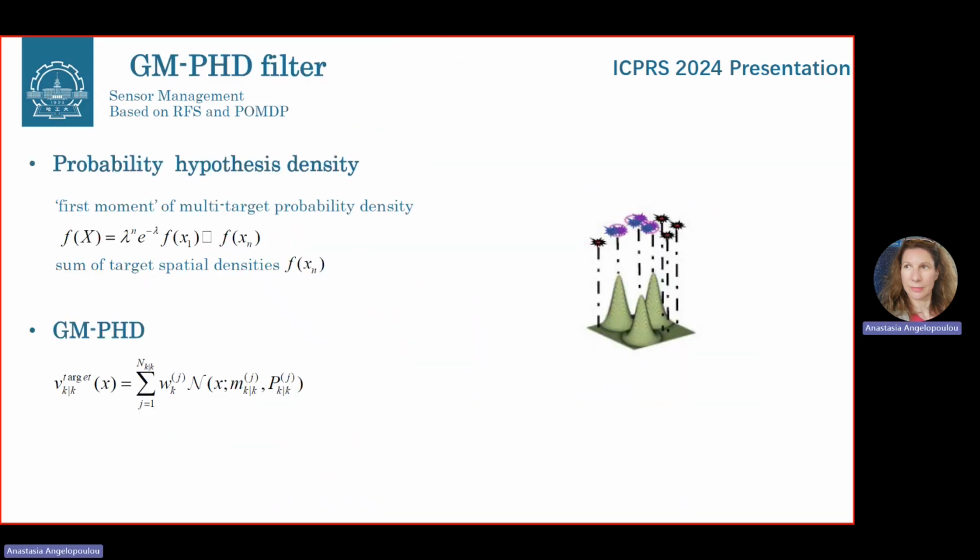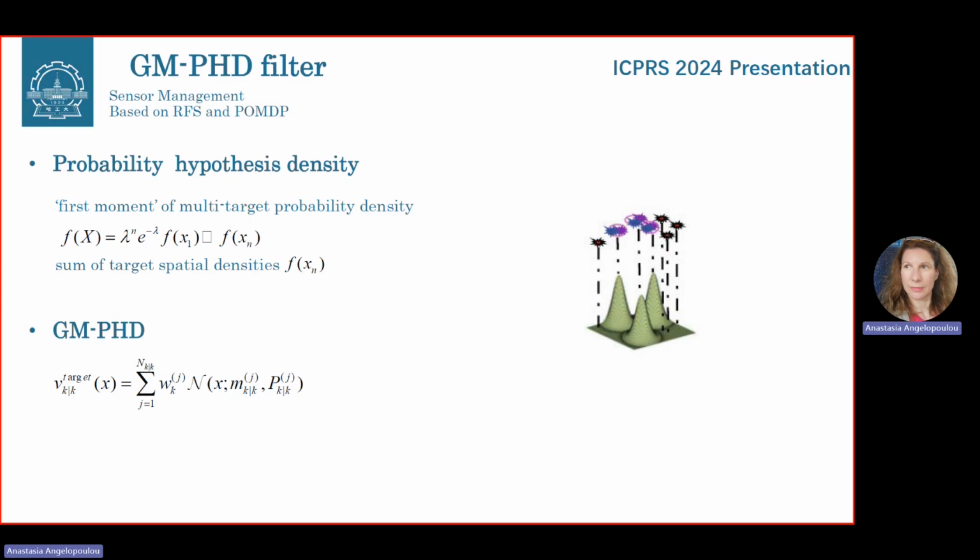In our research, the Gaussian mixture probability hypothesis density filter is also used as a cornerstone. Distinguished from the multi-target probability density, the PHD is actually the first moment of this density.